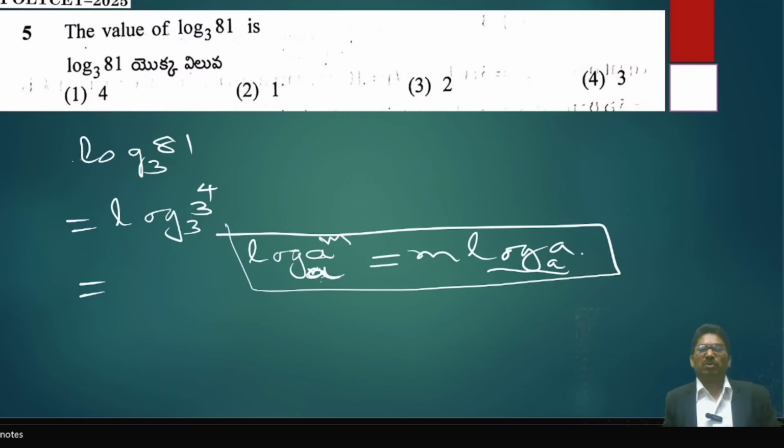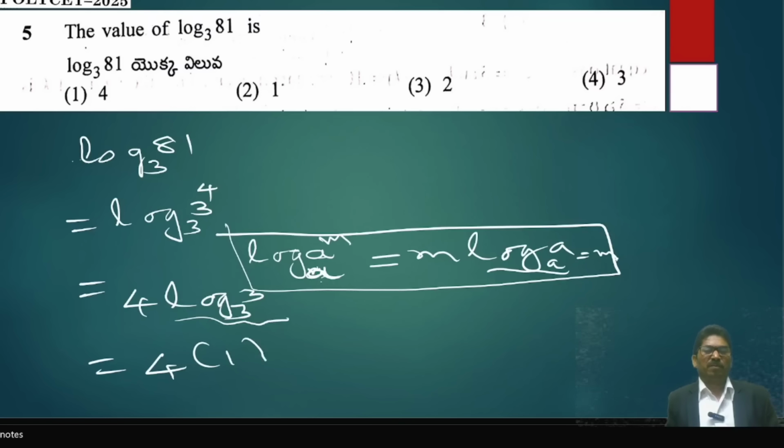So that is equal to m. Basing on this we can write 4 log 3 base 3. Log 3 base 3 is 1, 4 1s are 4. So 4 is the answer. Option 1 is correct.